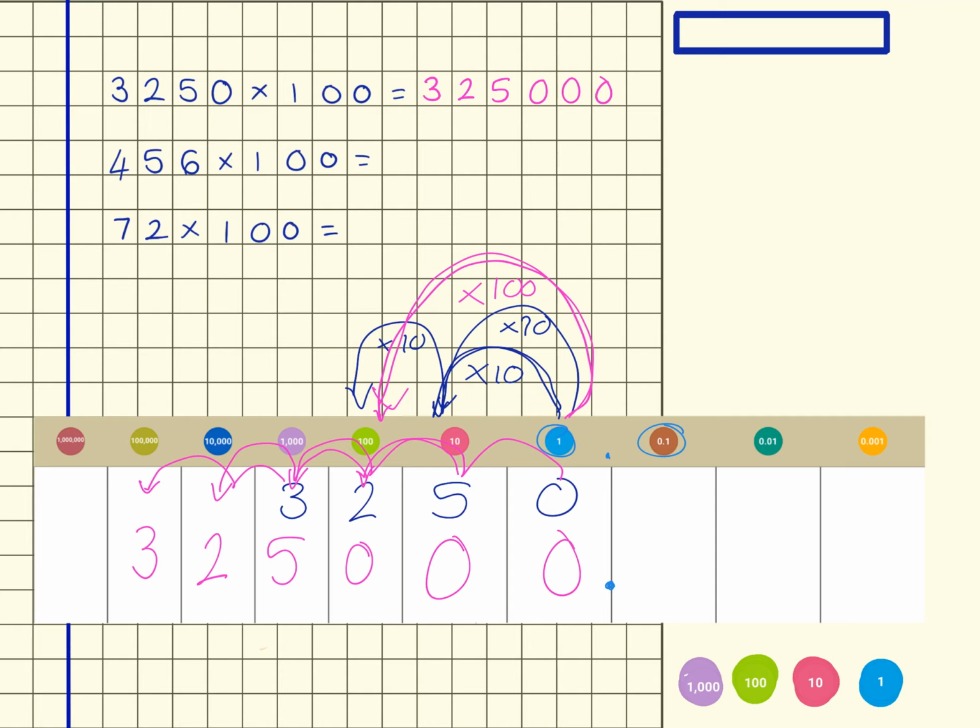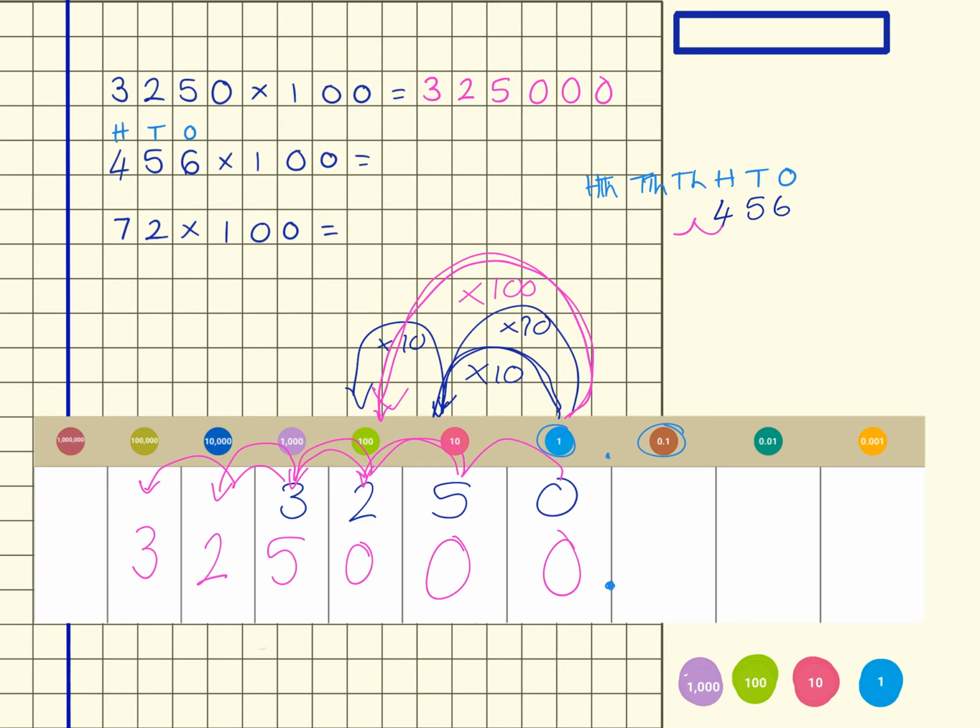So we've got 456, we've got ones, tens and hundreds. So over here I'm going to do my ones, tens, hundreds, thousands, tens of thousands, hundreds of thousands, and underneath I'm going to write my 456, and then I'm going to multiply each of those digits by 100.